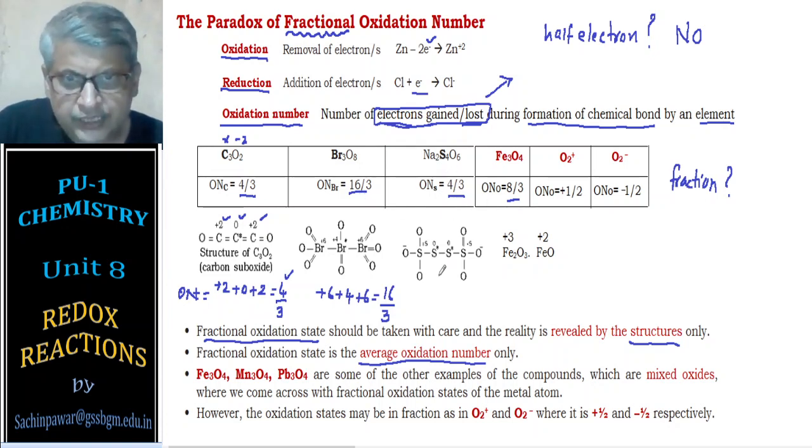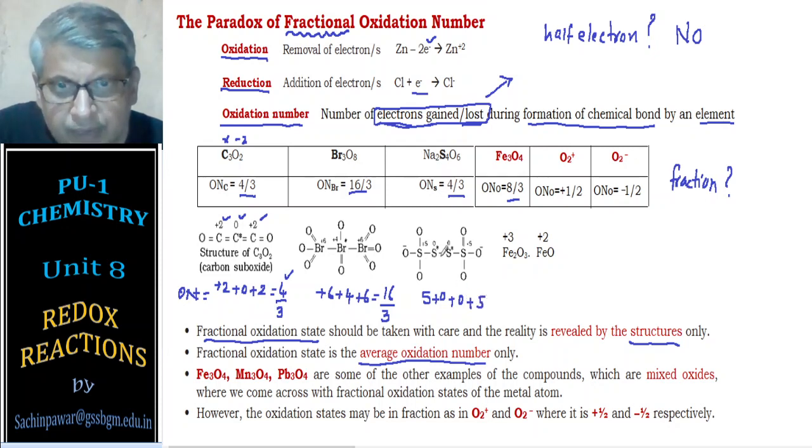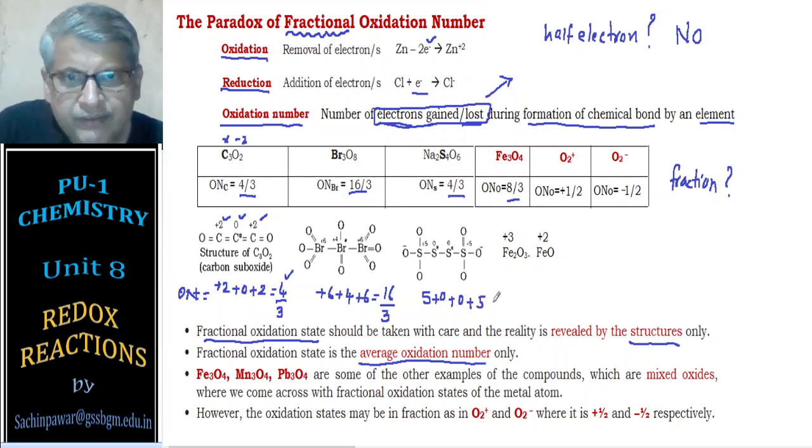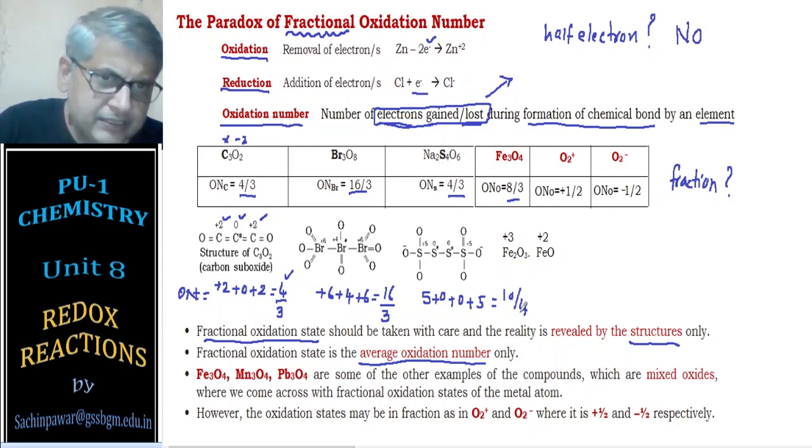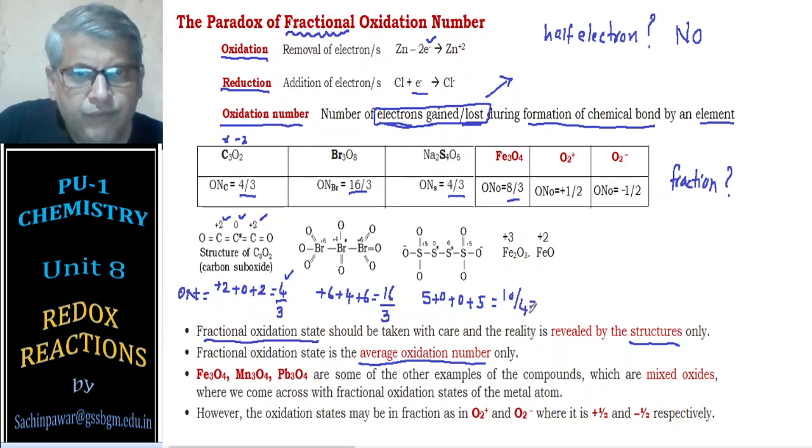Similarly for sulfur, it is 5 plus 0 plus 0 plus 5, that is 10 by 4, and dividing 10 by 4 gives 5 by 2.